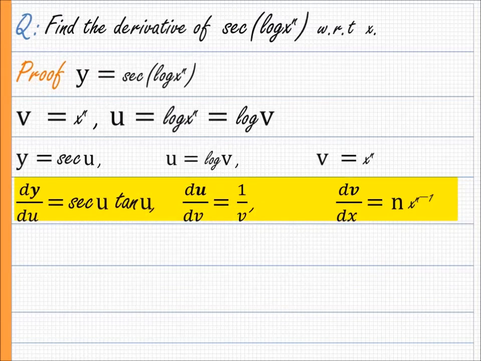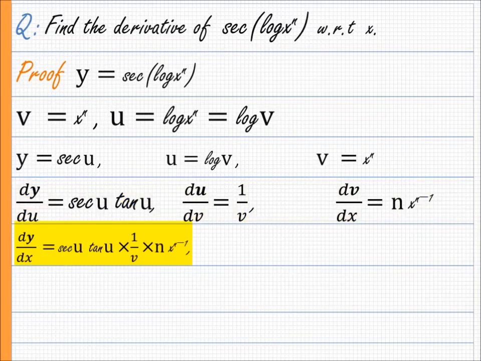And now in order to find the dy upon dx, we shall have to multiply all these three derivatives. And after multiplying these, dy upon dx becomes secant of u into tangent of u into 1 upon v into n into x raised to the power n minus 1. But u is equal to log of x raised to the power n, and v is equal to x raised to the power n.